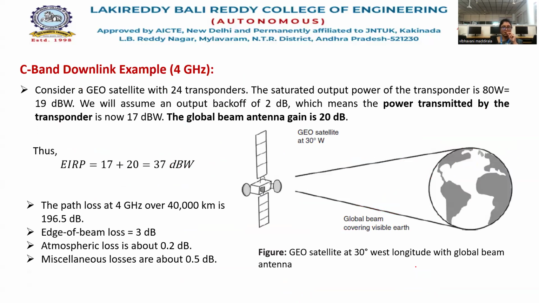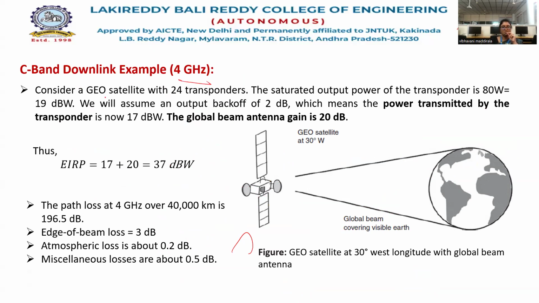Here we considered an example, a C-band downlink. C-band, we know, is a satellite communication band, which is operating at 4 gigahertz.